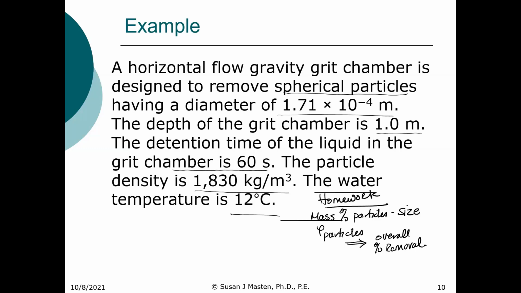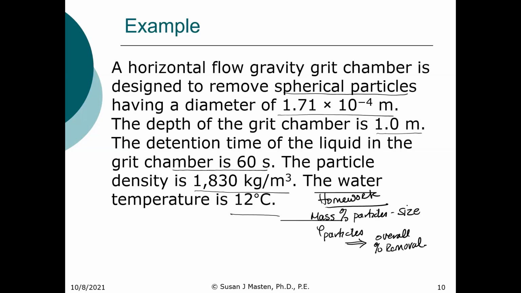So basically, here we had 100% of the particles of 1.71 times 10 to the minus 4 meters. You had 100% times 55.9, so it's 55.9. But if we only had 50%, we would multiply by 0.5.